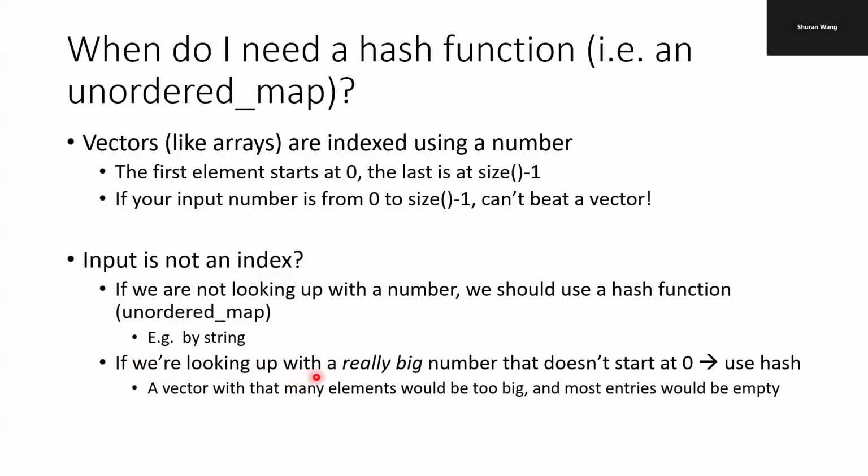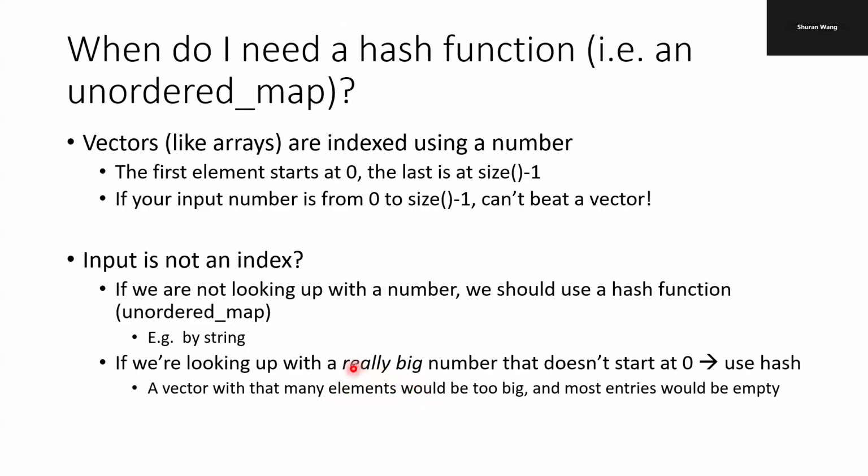Or if we are looking up with a really big number that doesn't necessarily start at 0 and there are gaps between numbers, use a hash. Like if you are indexing using the OSM ID, because it's such an enormous number and most entries would be empty in a vector, that's a waste of resources. So use an unordered map in this case.